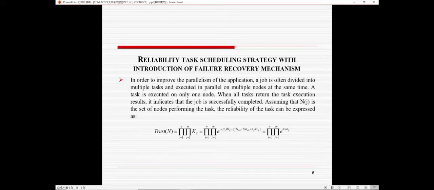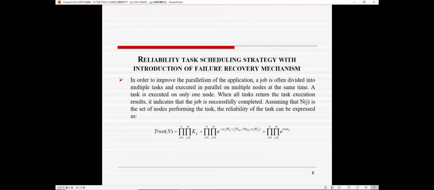In order to improve the parallelism of the application, the job is often divided into multiple tasks and executed in parallel on multiple nodes at the same time. A task executes on only one node.